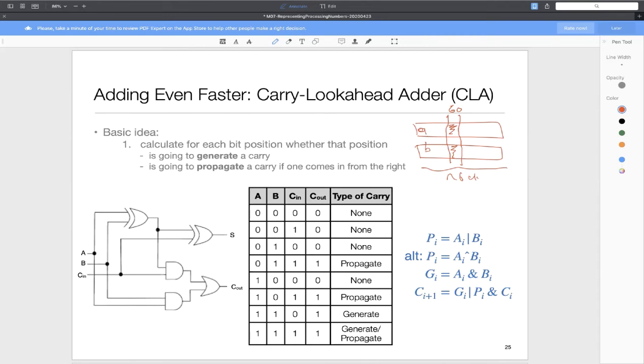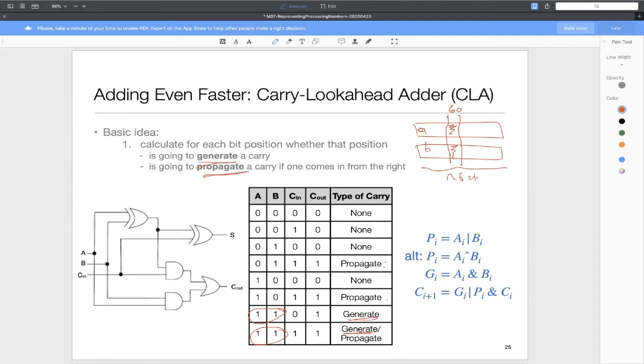So imagine that I have created these two signals. One we will call generate: am I generating a carry? And the other is whether I'm propagating a carry. You can see in this table, 1 1 1 1 means I'm generating. Other scenarios correspond to propagate.